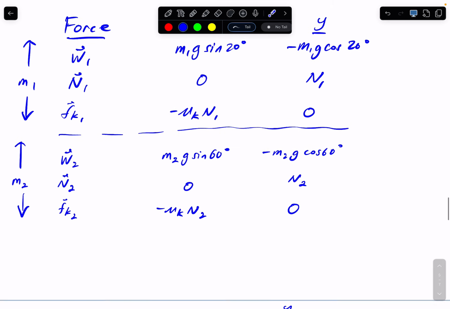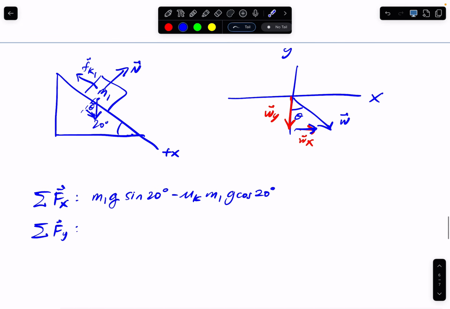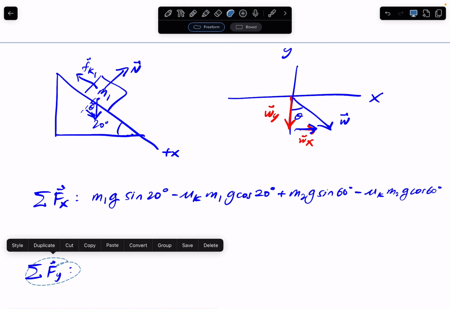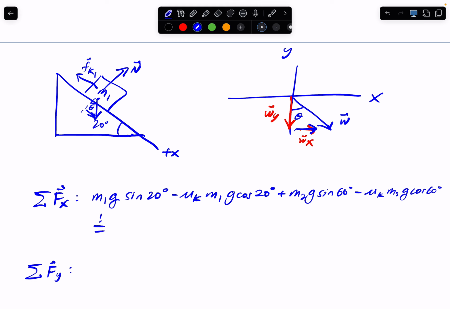Okay, I'm tripping. Minus that, plus m2g sine 60, minus mu k m2g cosine 60. And all of that equals to what? Two times the acceleration, right? So that's the x equation. So it's a lot of stuff, but hopefully you saw how we built up to it.